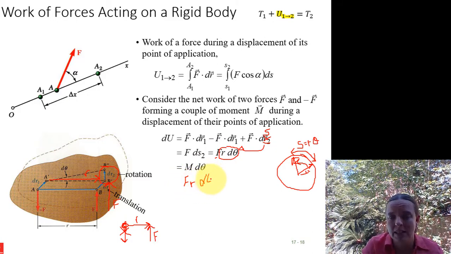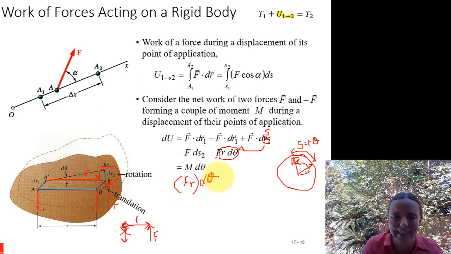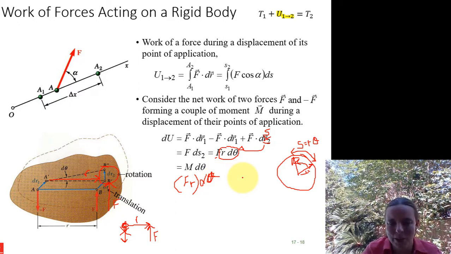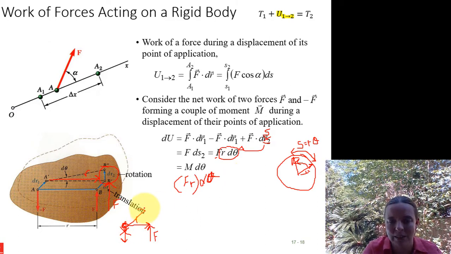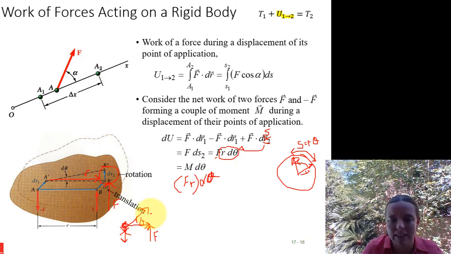So hopefully you can see that moment coming out of it. Sorry, I'm drawing this with my mouse. So moment, force times a distance through d theta, some kind of an angle that is happening here, that is creating the same kind of displacement.